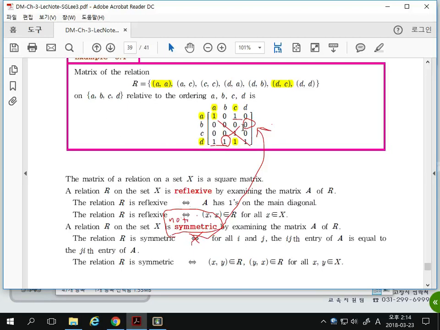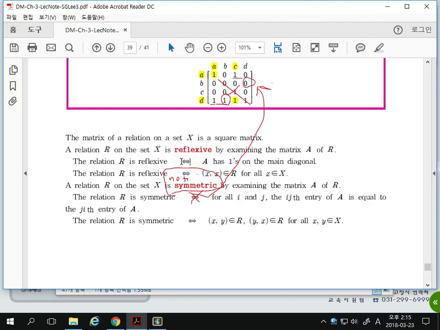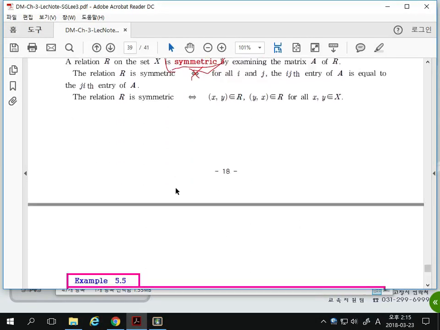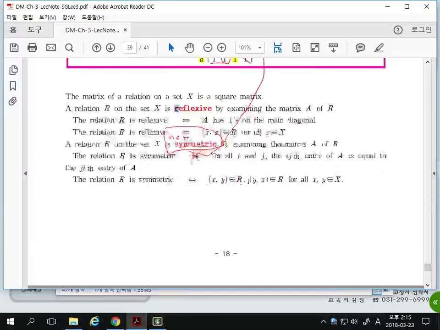So DB does not imply BD, so it is not symmetric. It's not reflexive and not symmetric. Anyway, this is an example like that.